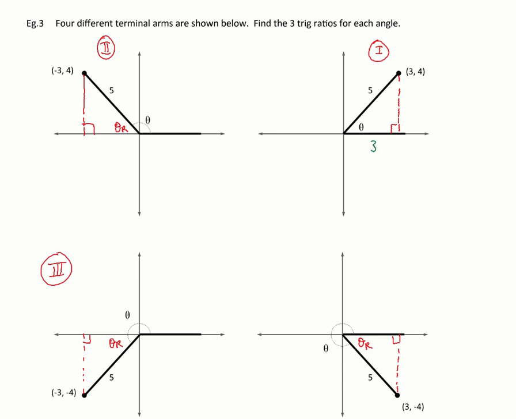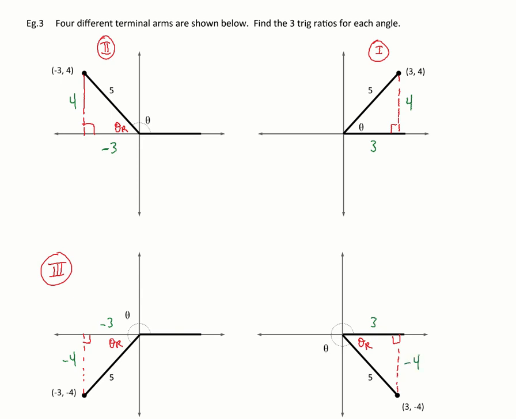So 3 over 4 up in quadrant 1. But in quadrant 2, it's 3 to the left, so negative 3, 4 up. In quadrant 3, it's 3 to the left, 4 down, so they're both negative. And in quadrant 4, it's positive 3 to the right, 4 down, so negative 4.